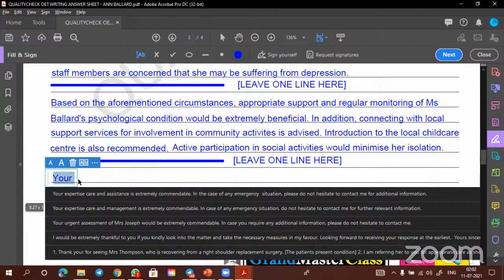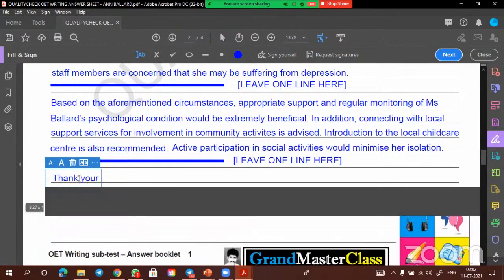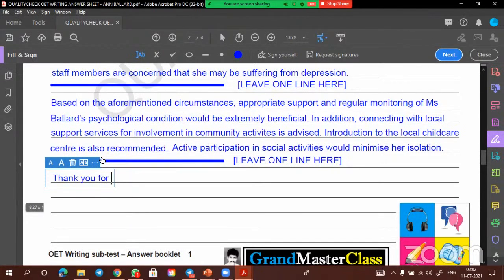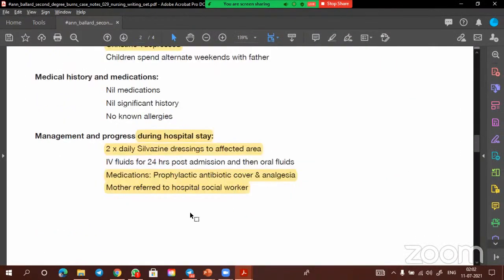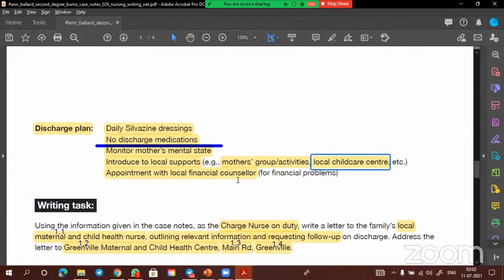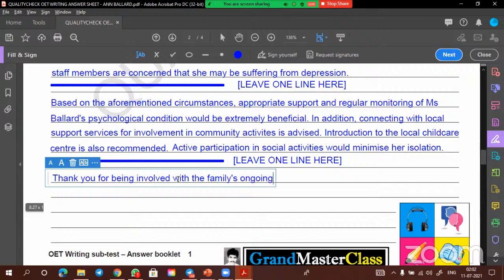So here you can write like this, thank you, instead of writing it in the beginning, we are writing it here.